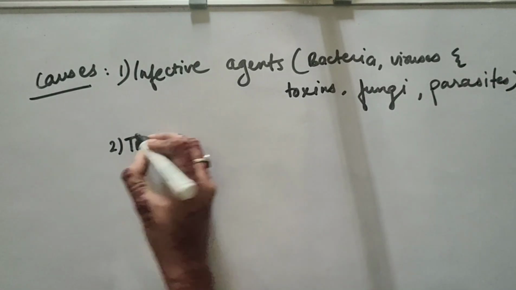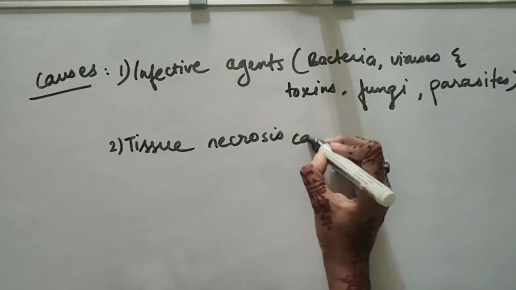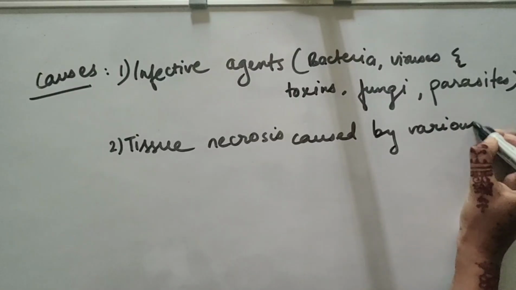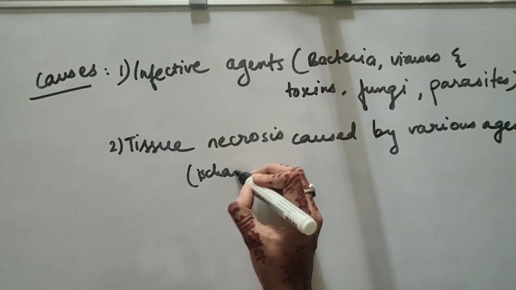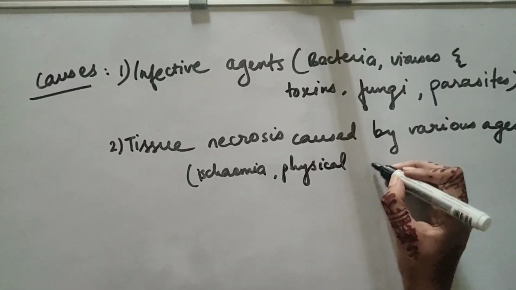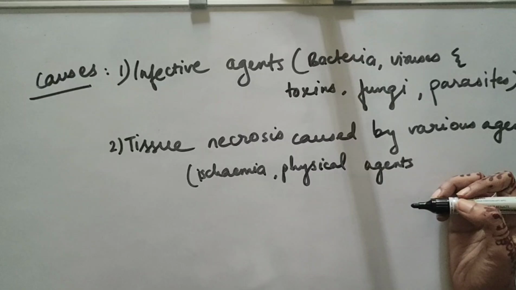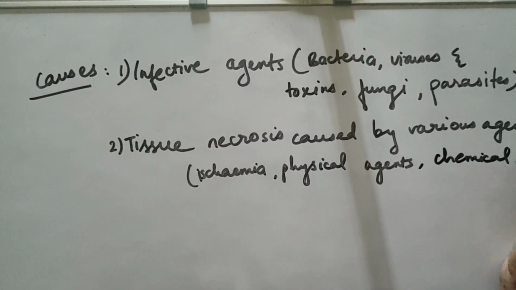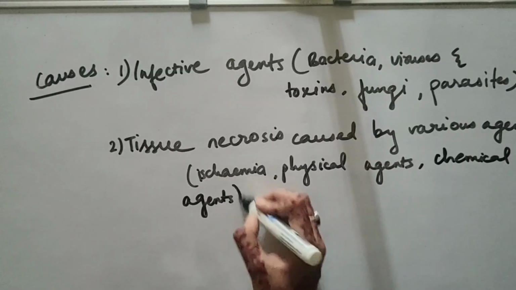Then we have our tissue necrosis caused by various agents such as ischemia or physical agents. Physical agents may include heat, cold, radiation and mechanical trauma, or can have chemical agents which includes organic and inorganic toxins.